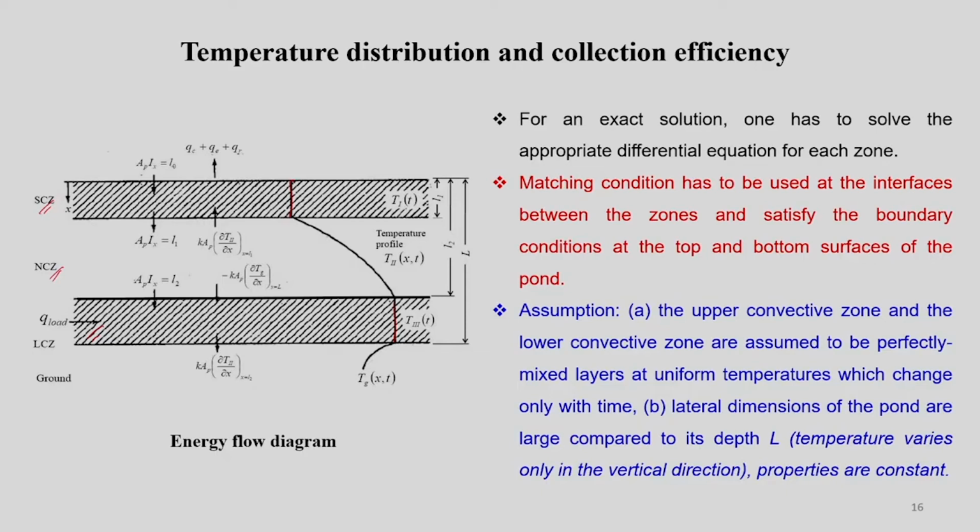The assumptions are: the upper convective zone and the lower convective zone are perfectly mixed layers at uniform temperatures, which change only with time. Second, the lateral dimensions of the pond are large compared to its depth, so temperature varies only in the vertical direction, and properties are constant.